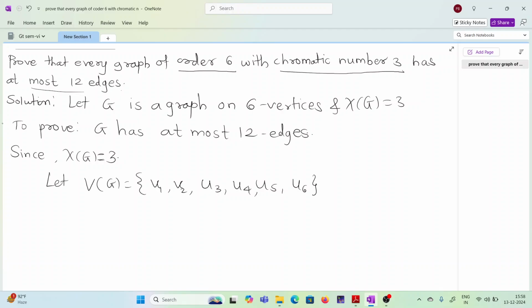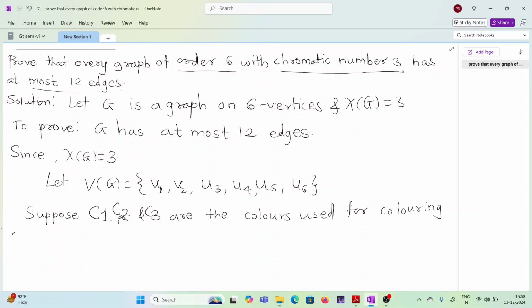Chi of G is equal to 3 means we have colored the vertices of graph G using 3 colors. Suppose C1, C2 and C3 are the colors used for coloring of graph G.